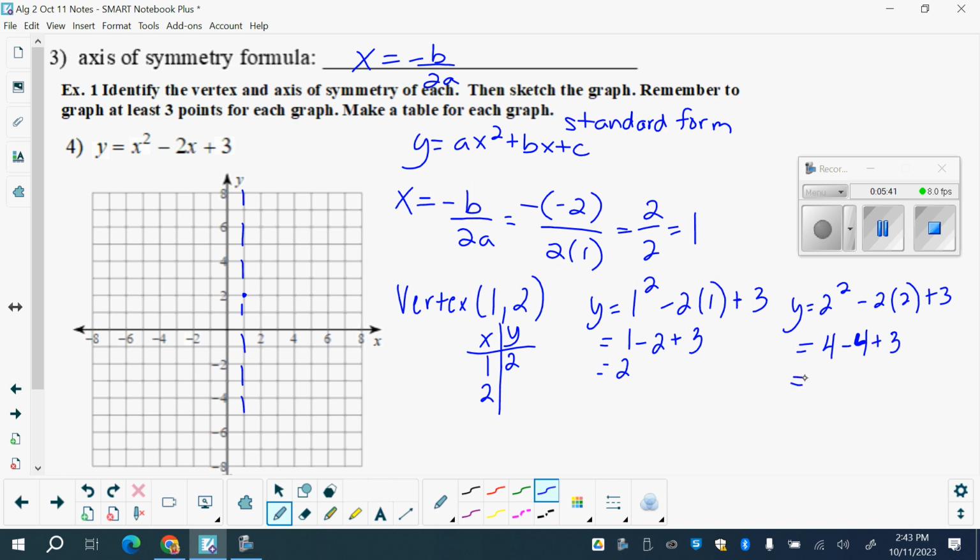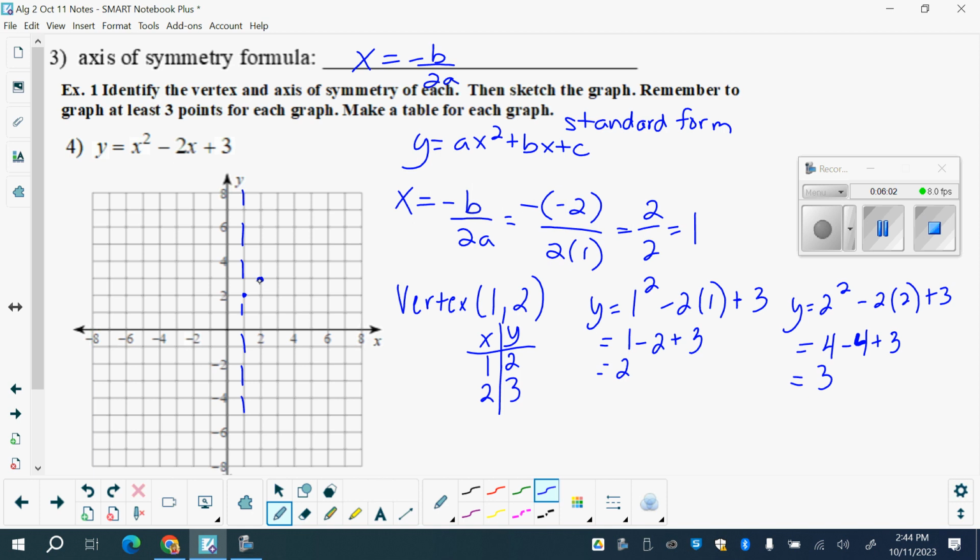And what would that give us? Feel free to get up and get a calculator if you need to. 3. That would add up to 3. So I have my first point, (1, 2). I'm going to graph my second point, (2, 3).